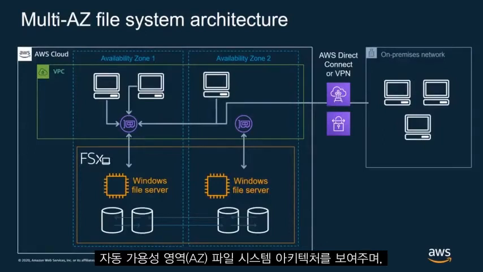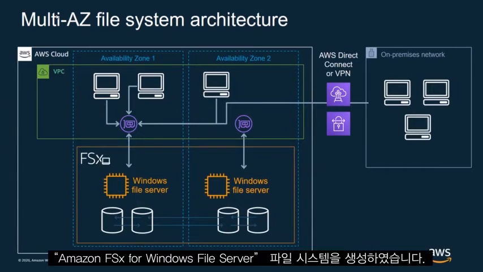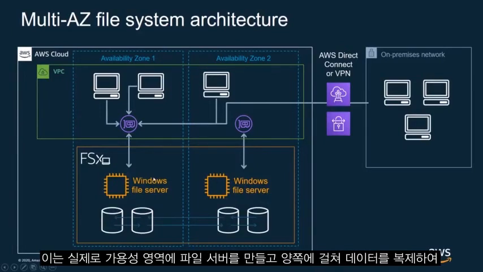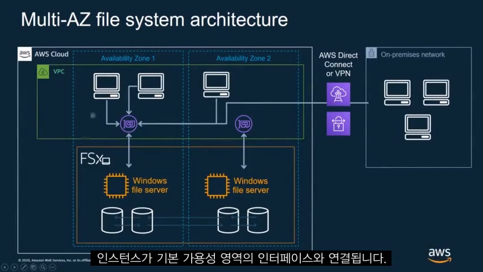We created a multi-availability zone file system architecture, where we created an Amazon FSx for Windows File Server file system that spans multiple availability zones. And this is what happens. We actually create file servers in 2 availability zones and have the data replicated across both, such that your instances will point to the interface in the primary availability zone.